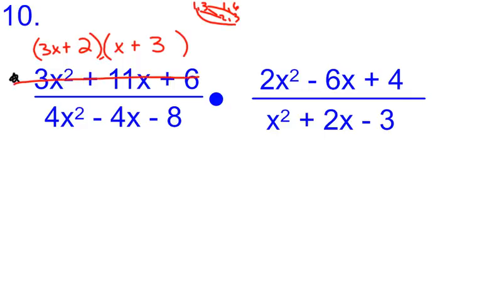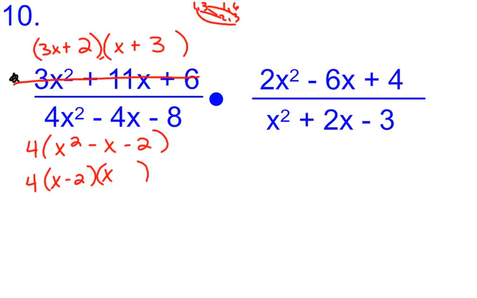In my denominator here then, I look first for a greatest common factor, which I do have. It's 4. So I'm going to divide each term by 4. And then I also have to look and see if anything else factors. So I'm looking for factors of negative 2 that when added together make negative 1. So that'd be negative 2, positive 1. And that one's fully factored.